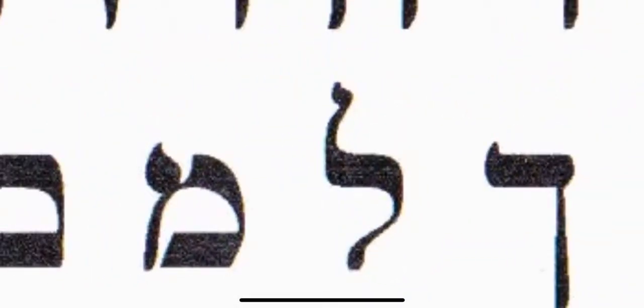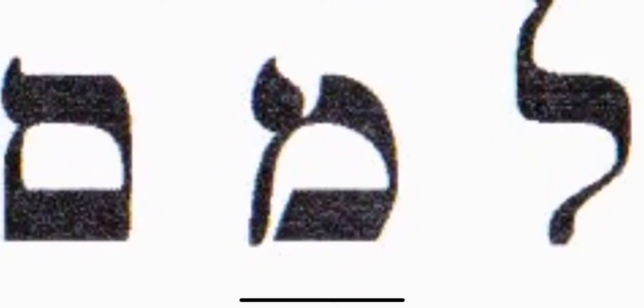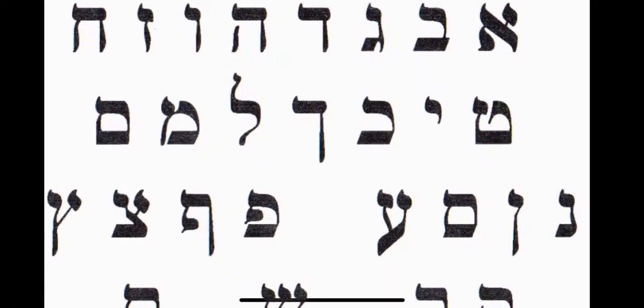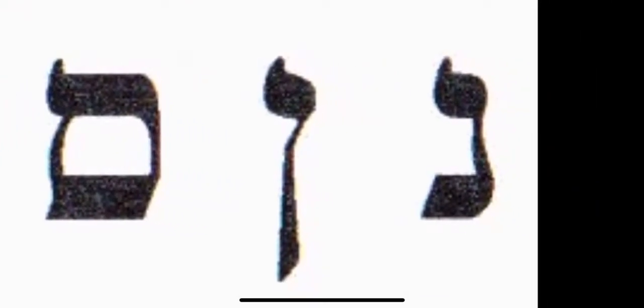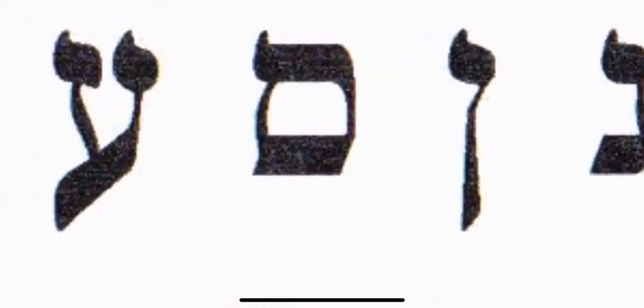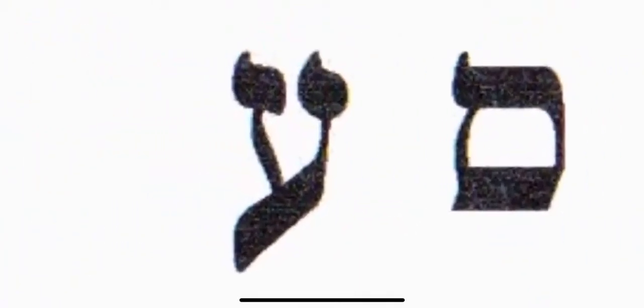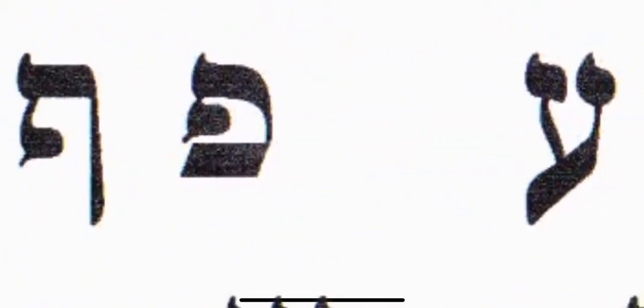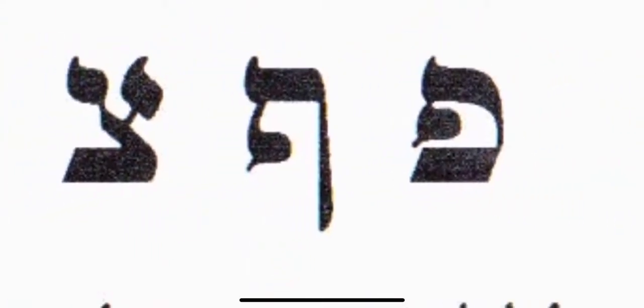And then you have the final form of the Ka, which we'll go over. La. Ma, and you can also write Ma like this. It's the final form of Ma. Next we have Na, and then the final form of Na as well. Sa. I. Pa, and the final form of Pa.